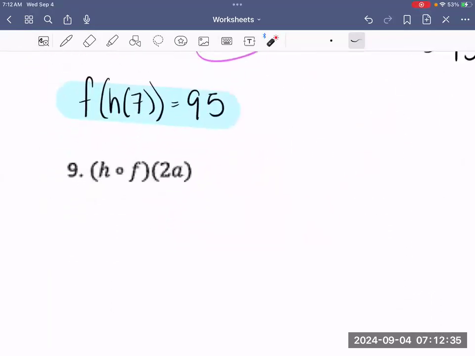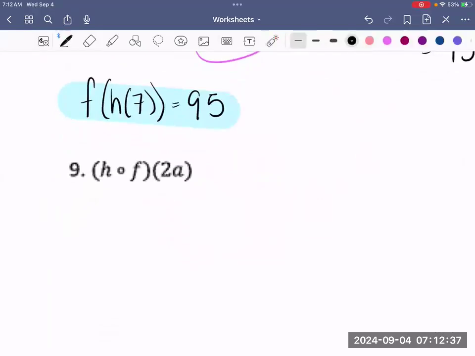So let's try number 9. If we have h of f of 2a, we're going to evaluate first f of 2a.